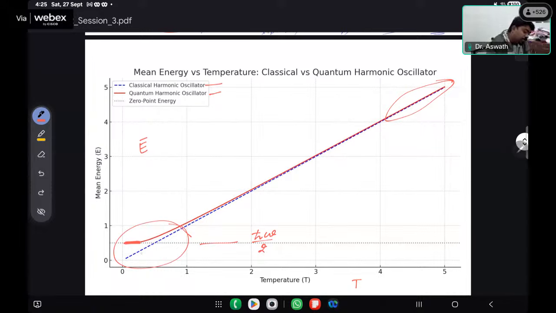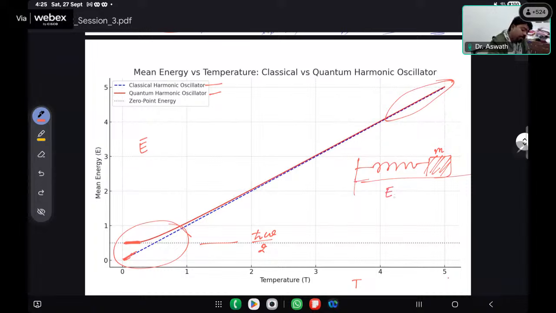Okay. But in the case of a classical harmonic oscillator, a spring mass system can exist with zero energy. You know why? In a spring mass system, if I am not giving any energy of oscillation, any deviation, it remains without any oscillation. So zero energy is possible.